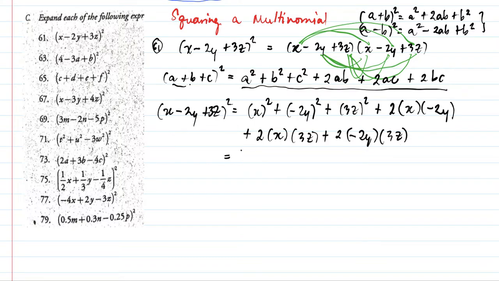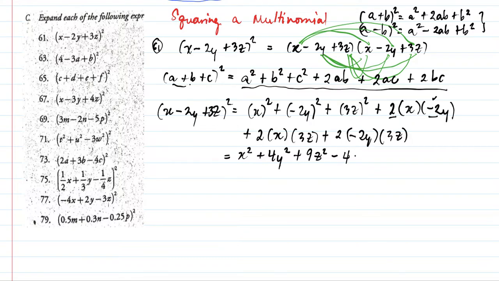So x squared, that's x squared. This, negative 2y squared: we know that when we square a negative, it becomes positive. So negative 2 times negative 2, that's positive 4y, and do not forget the exponent, y squared. And then 3z squared: square the 3, that's 9, and then z squared. Okay, this one has a negative, so we know that positive times negative is negative 4, because you have 2 times 2, so that's 4.